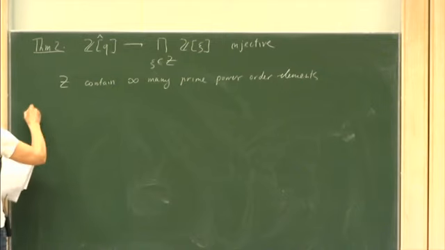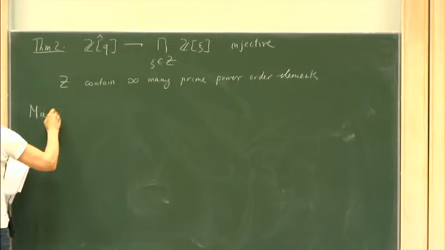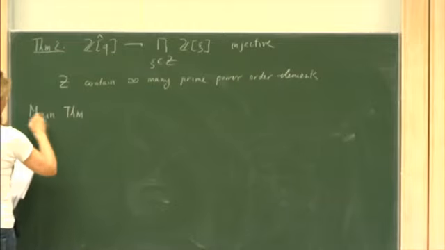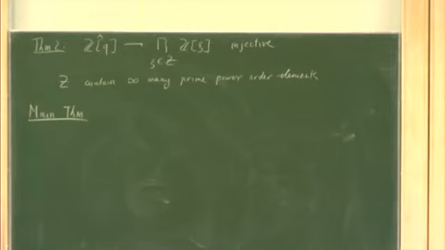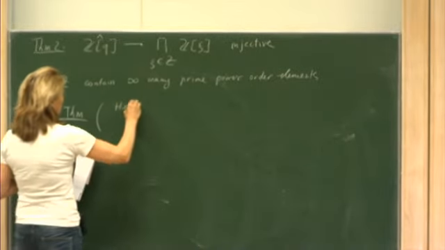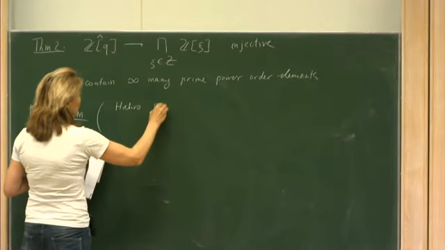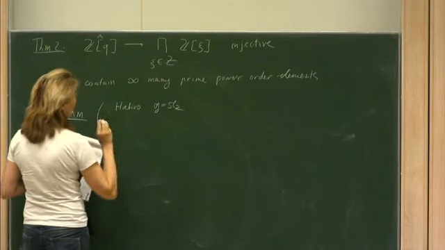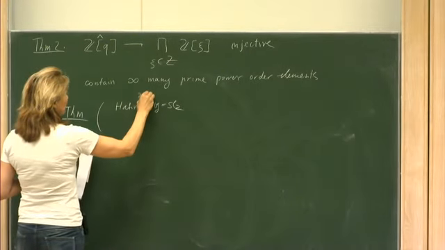And so basically the main theorem which I'll speak about today. I'll now formulate the theorem and then try to argue how the proof works. This theorem is due to Habiro for G equal to SL2, and this was about 2006.